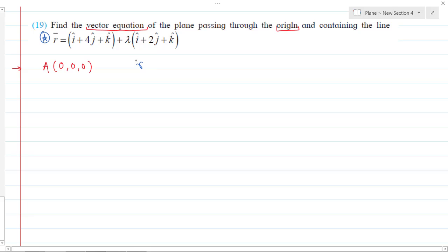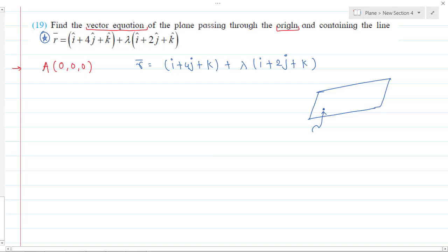This is nothing but r bar equals i plus 4j plus k plus lambda into i plus 2j plus k. Let me draw a figure for you so that it will be easy to understand. This plane is passing through the origin, so let's name this point O, which is 0, 0, 0.